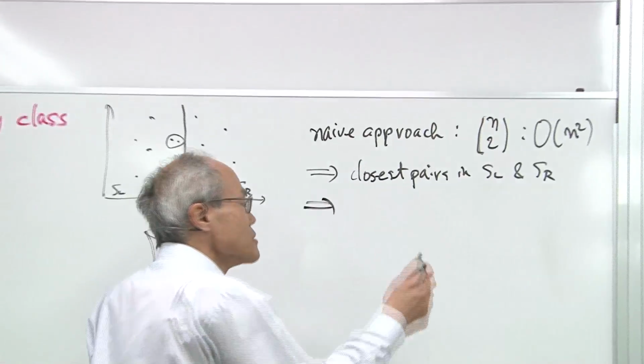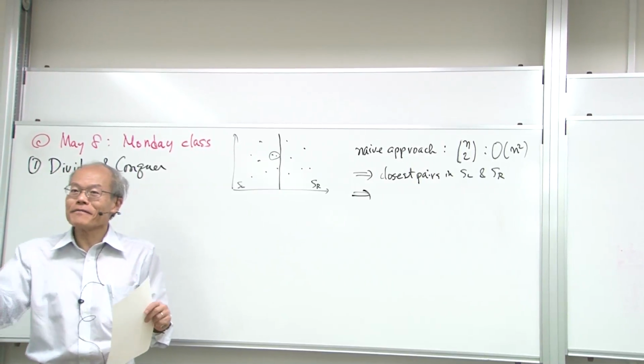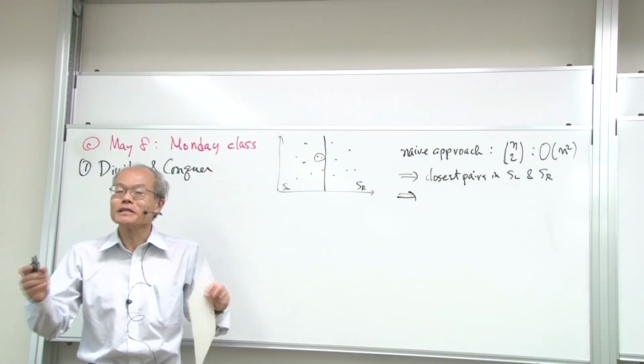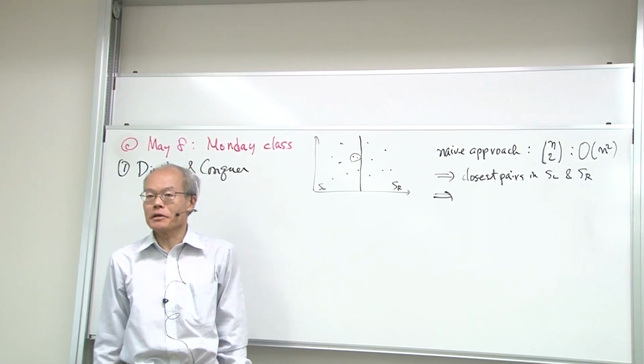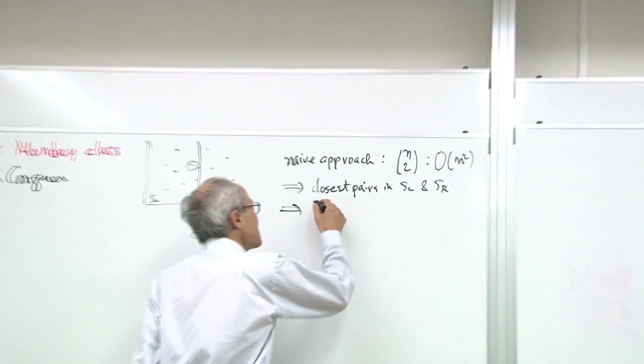By doing this, now you have a nice way of excluding obviously non-closest pairs.